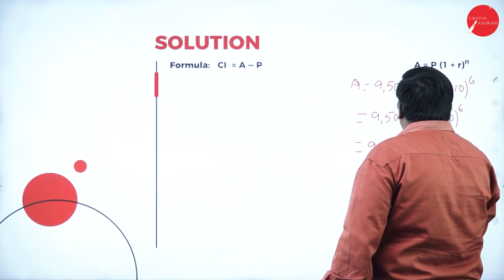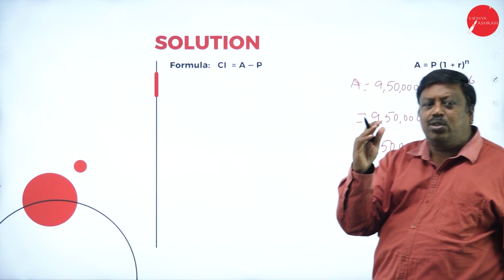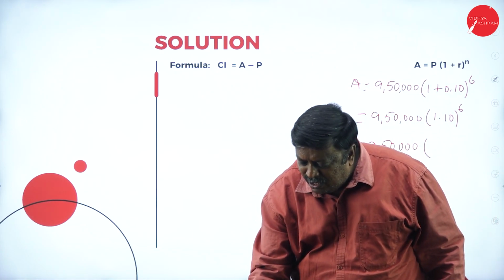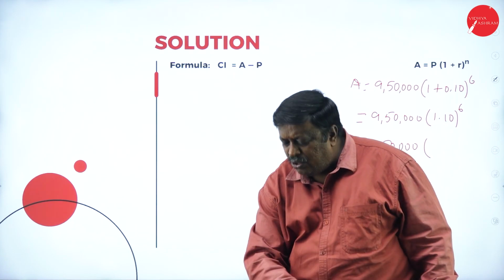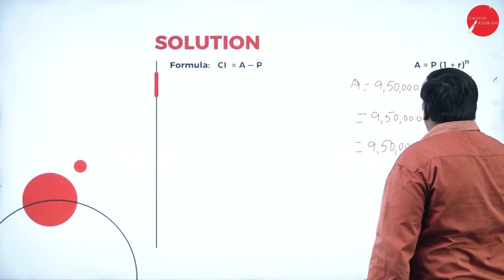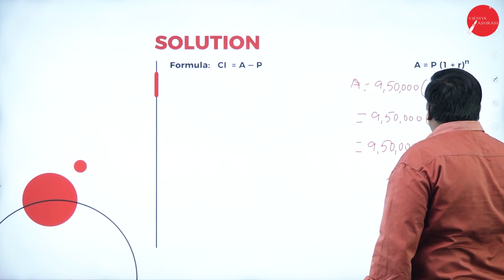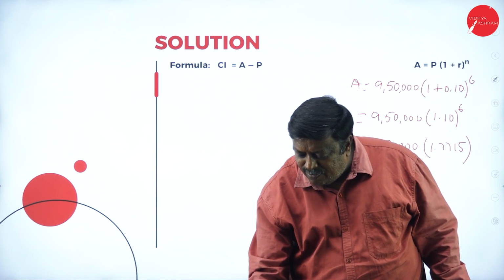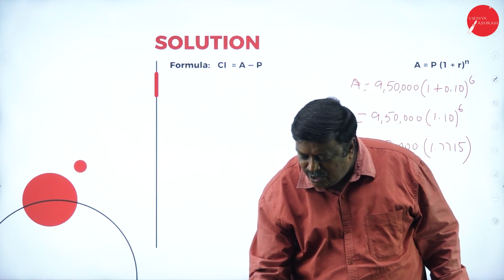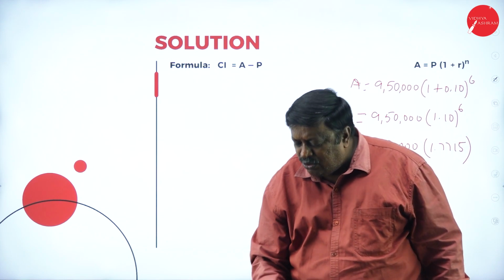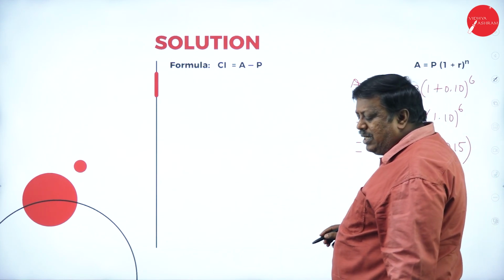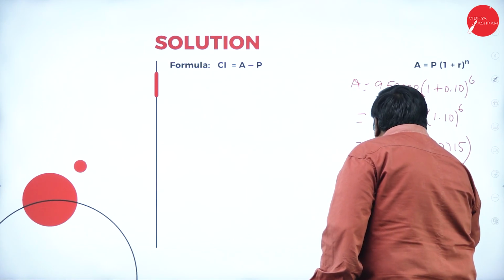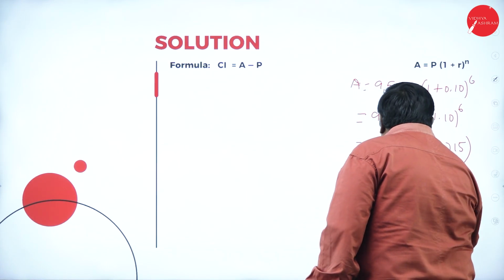9,50,000 into 1.10 to the 6 times I have to multiply 1.1 into 1.1. So it will be 1.7715. So it is going to be 1.7715 into 9,50,000. So the amount we are going to get here is 16,82,925.